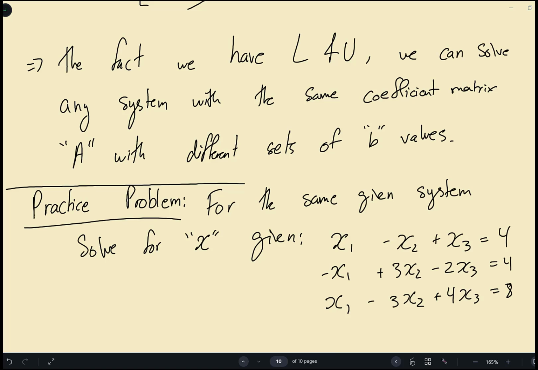So you should do this using LU decomposition, and the answer in this case would be x11, x21, x31 equals 5, 7, and 6. All right. So try this out, and we'll see you in the next lecture on solving for the inverse using LU decomposition.